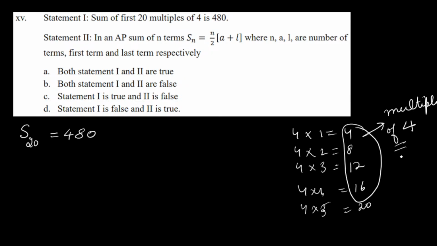So they are telling that when we are adding 4's multiples, the sum is 480. So we can use the formula of AP for Sn.